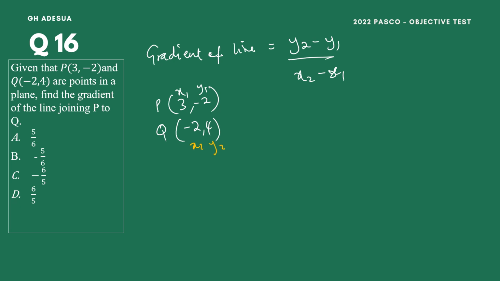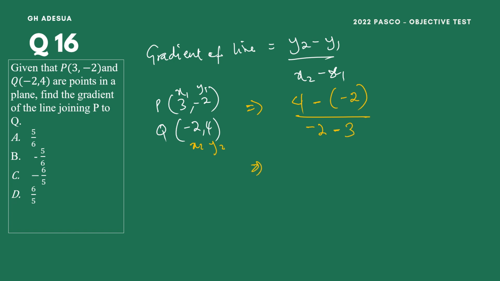Since that is clear, we can now move on. Since we know our y2 is from Q, that is 4, minus the value of y1 within P, which is -2, all over our x2, which is -2, minus our x1, which is 3.